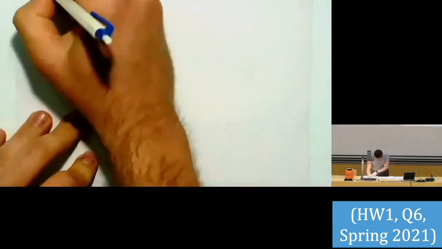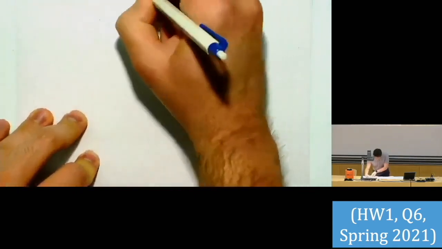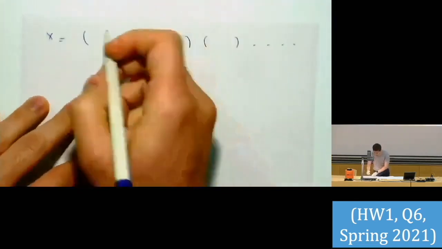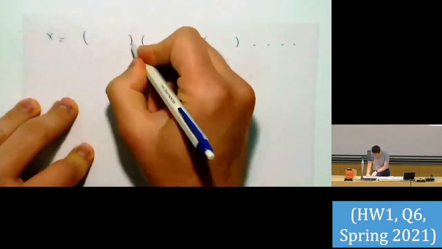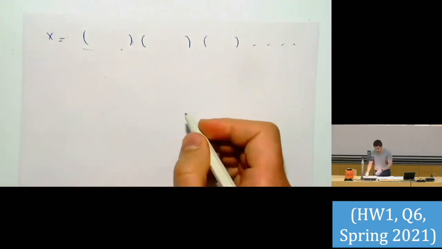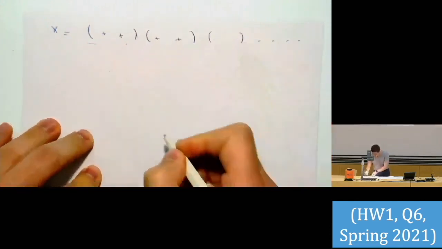What a product of sums is, we have terms, and for X those terms will be ANDed to each other. This is basically the product of sums, and here I will have the ORs.